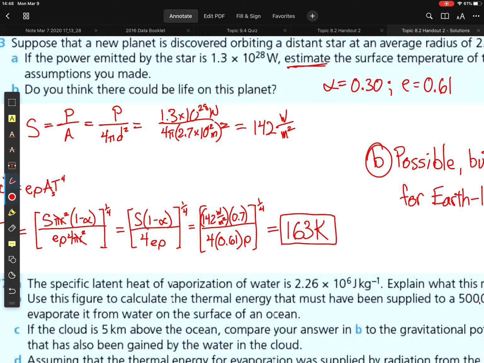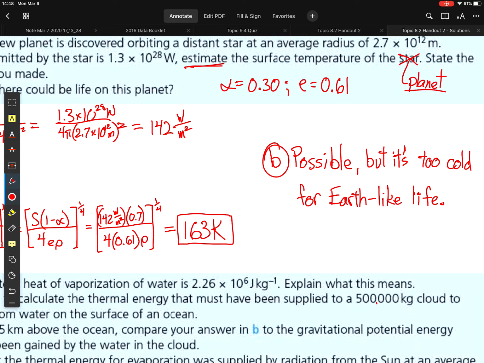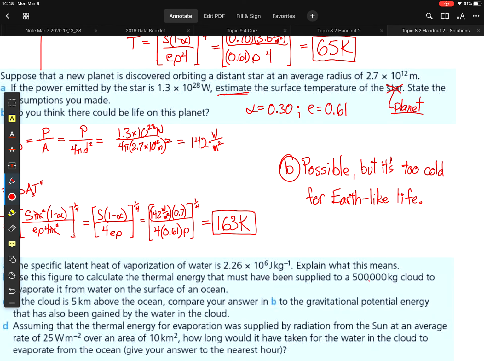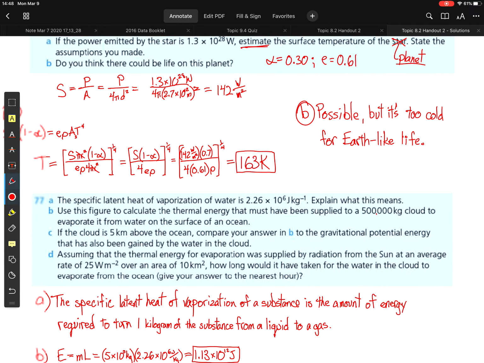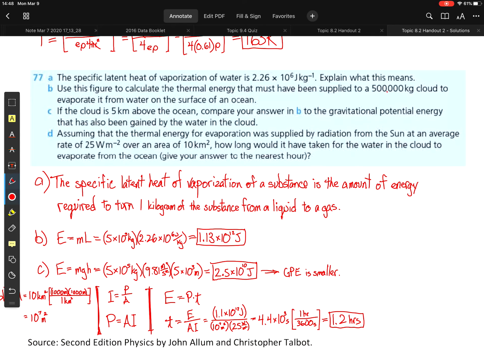So if we assume that life on the planet generally looks like the life on Earth, then we would have to say it's way too cold for Earth-like life. Liquid water cannot exist at this temperature. But, big but, there may be other kinds of life in the universe, or even in our solar system. So there's some stuff we don't know there.